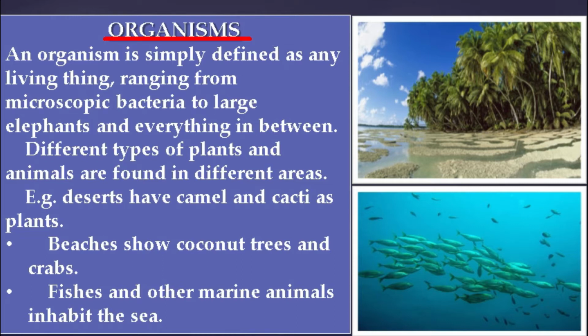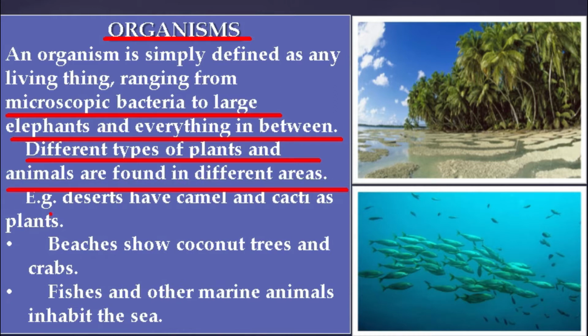Living things that are capable of reacting to stimuli, reproduction, growth, etc., generally ranging from microscopic bacteria to elephants, come into the category of organisms. And these organisms, the plants and animals, are found in different types of habitats.